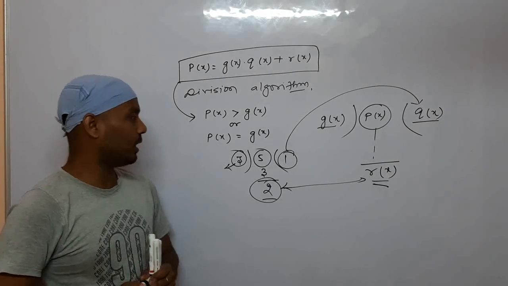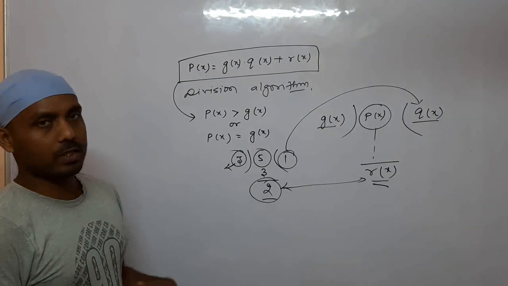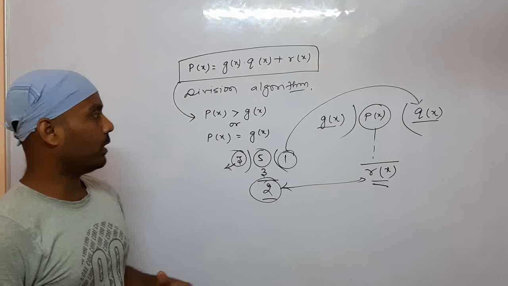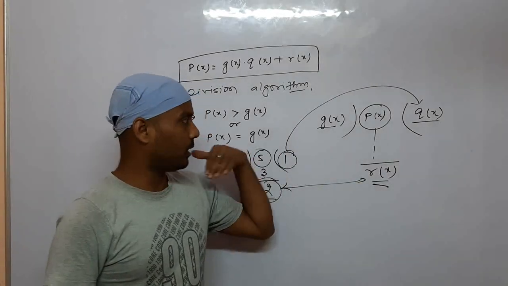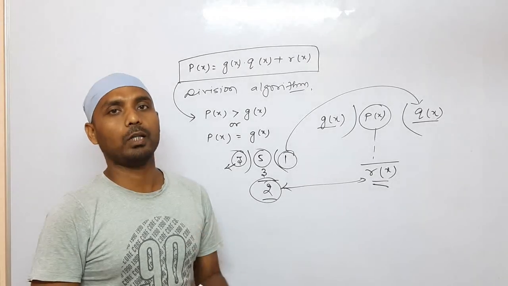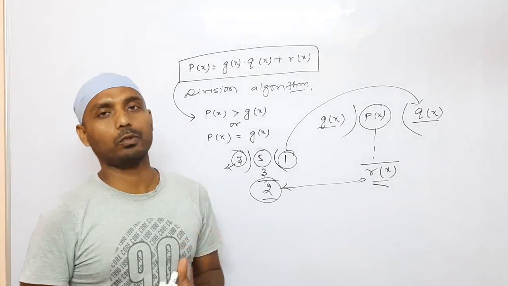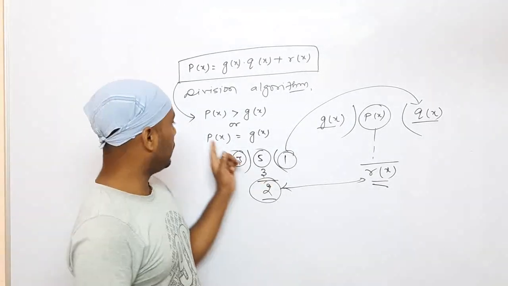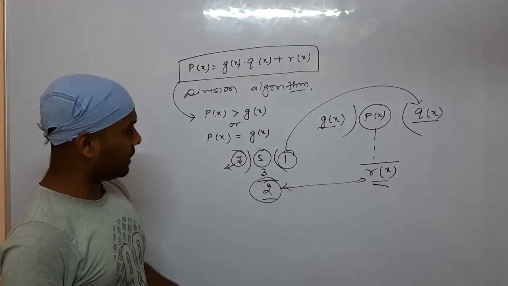This is the division of the constants of a number, but here you are given the division of algebraic polynomials. Polynomials are given to divide, and p(x) is greater than g(x).